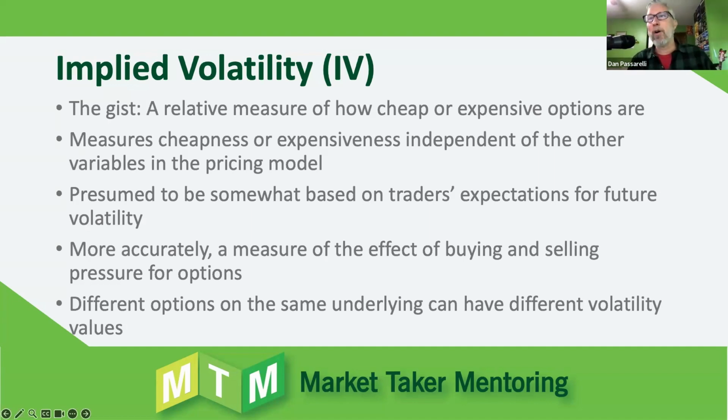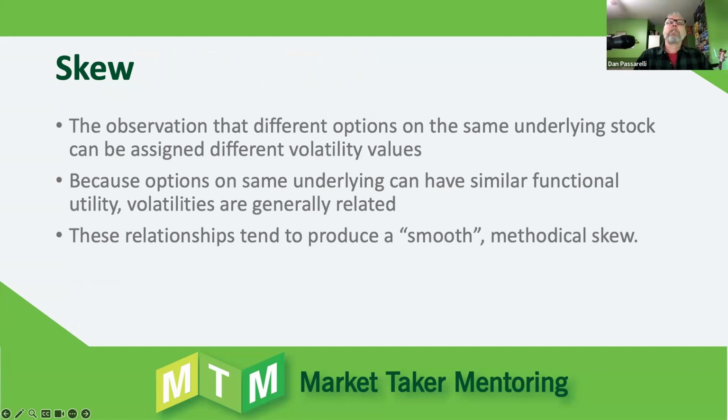Different options on the same underlying can have different volatility values as well, and that is a topic called skew. Skew is the observation that different options on the same underlying stock can have different volatility values. So there's this relationship here, okay? Because options on the same underlying can have similar functional utility, volatilities are generally related.